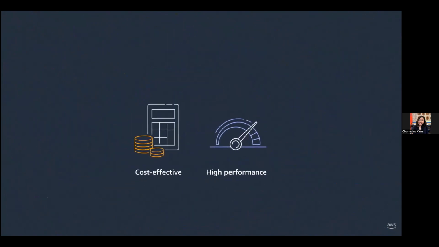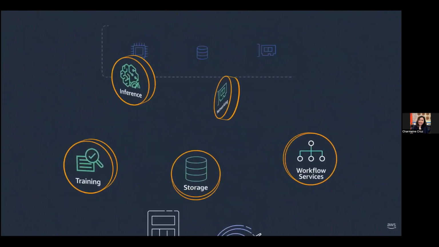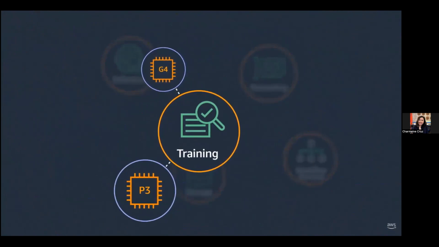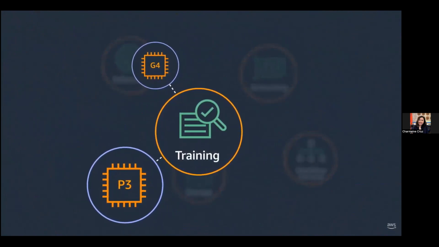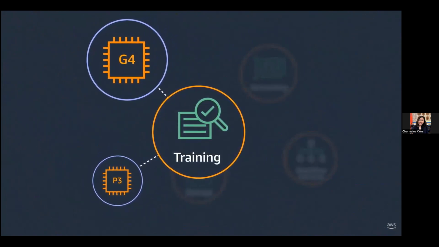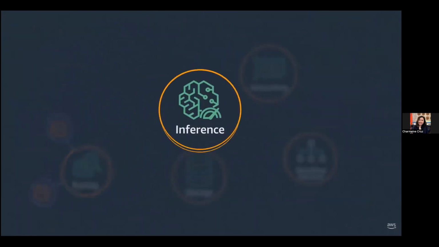With AWS ML Infrastructure, organizations can get the right amount of compute, storage, and networking performance for any use case and budget. For fast model training that reduces training time from days to minutes, EC2 P3 and P3DN instances offer the highest performance GPU training instances in the cloud. For small-scale or entry-level machine learning training, EC2 G4 instances can be a cost-effective solution.